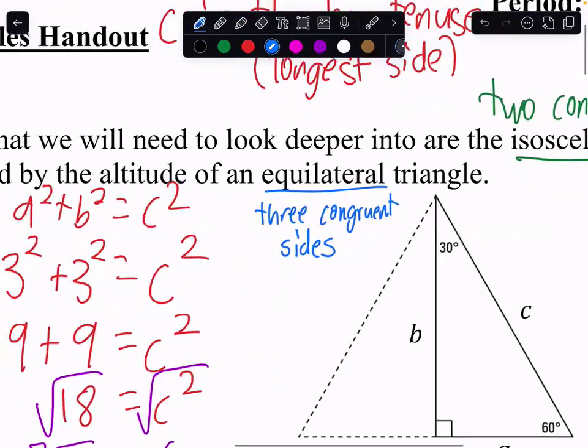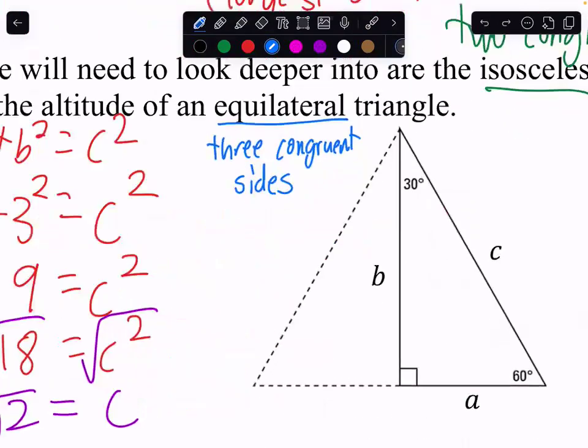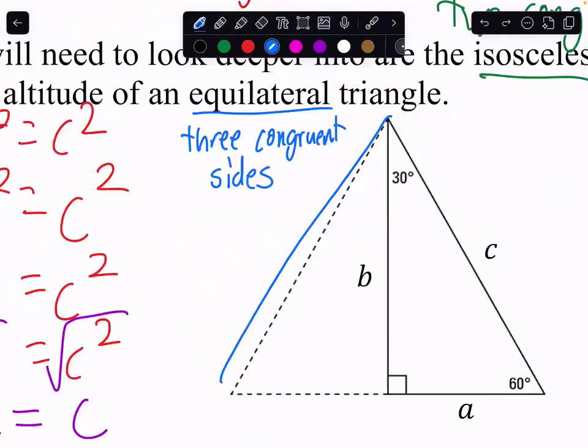Next, altitude. What's an altitude? The original triangle was this whole thing. An altitude is where you start at one of the corners, the vertices, and you draw a line straight down that hits the other side in a right angle.